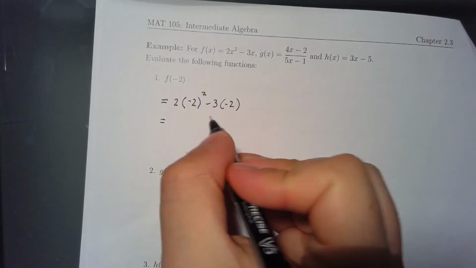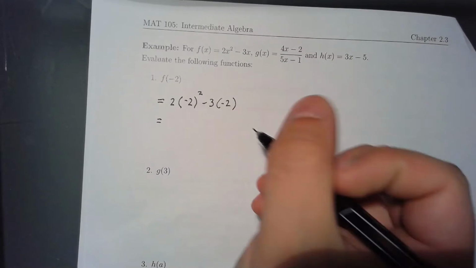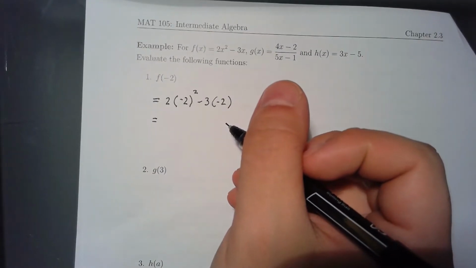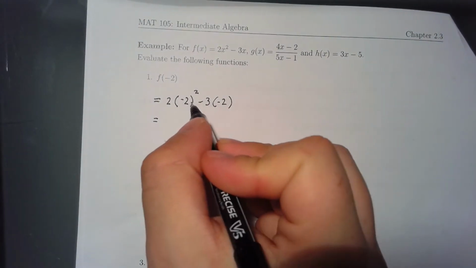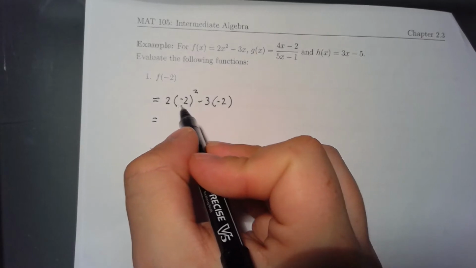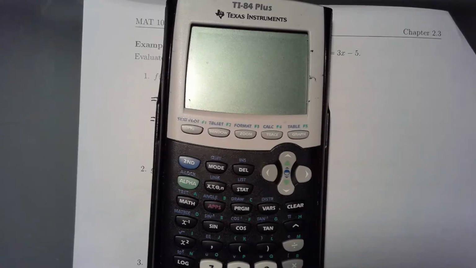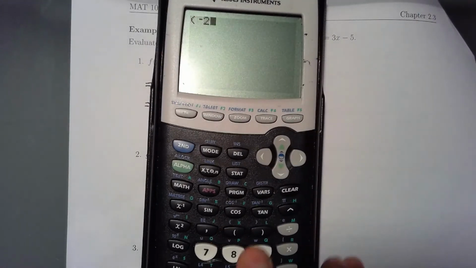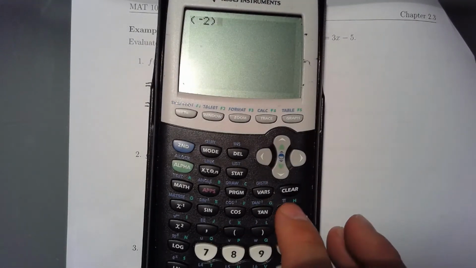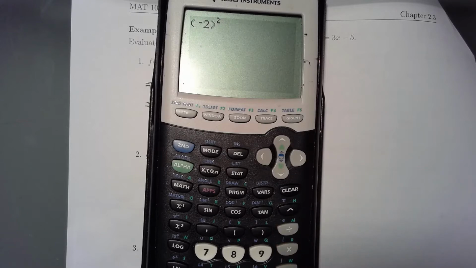How do you do this? Well, remember please excuse my dear Aunt Sally, your order of operations. So we do the exponents first. Parentheses negative 2 to the second power is 4.